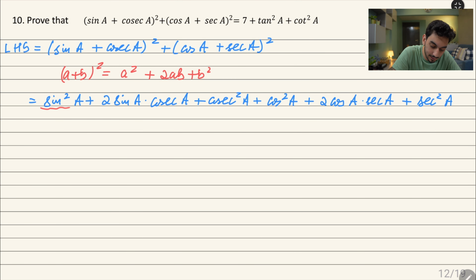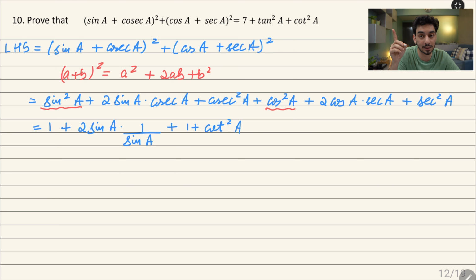Let's see. The sine square A plus cos square A can become 1, so I'll write 1 instead of it. Plus 2 sine A, the cosec can be written as 1 upon sine A, plus cosec square A can be written as 1 plus cot square A, because I can see in the answer there is a cot square A, and I need to get rid of the cosec obviously.